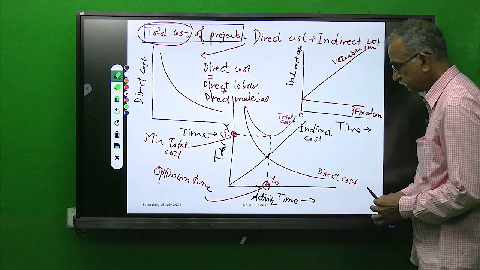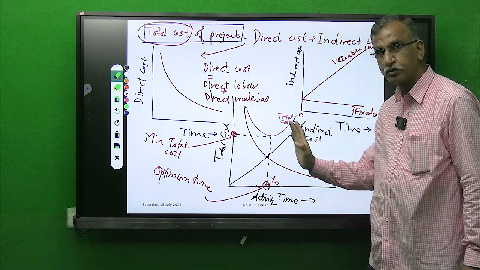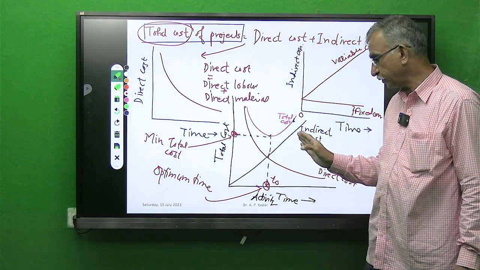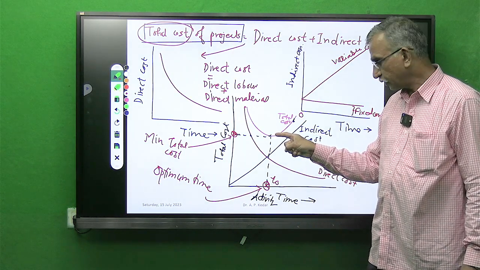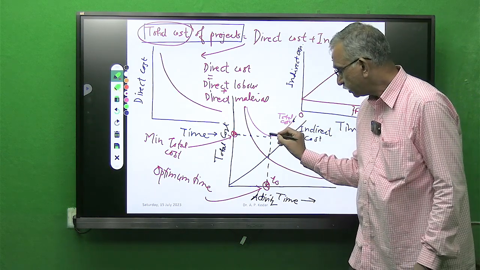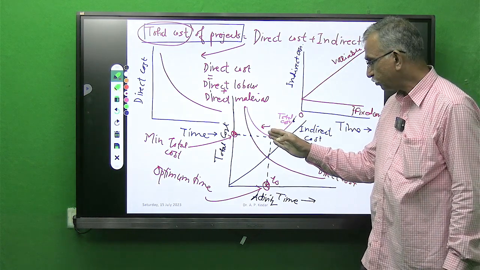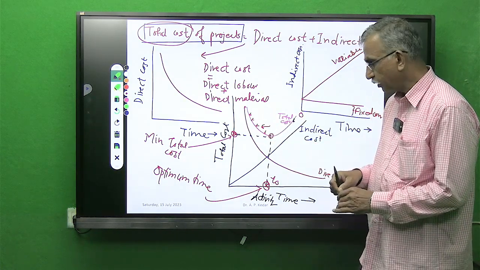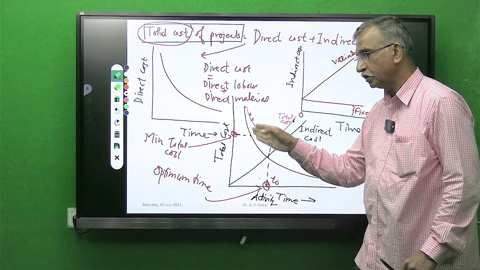Now see here, if you go by crashing of the activities, by reducing the time duration of different activities up to a particular point, it's okay, your total cost will reduce. But if you pay attention to the left side of this point, students, you can find for this point, this point, this point, though you are reducing the time, your cost is increasing.